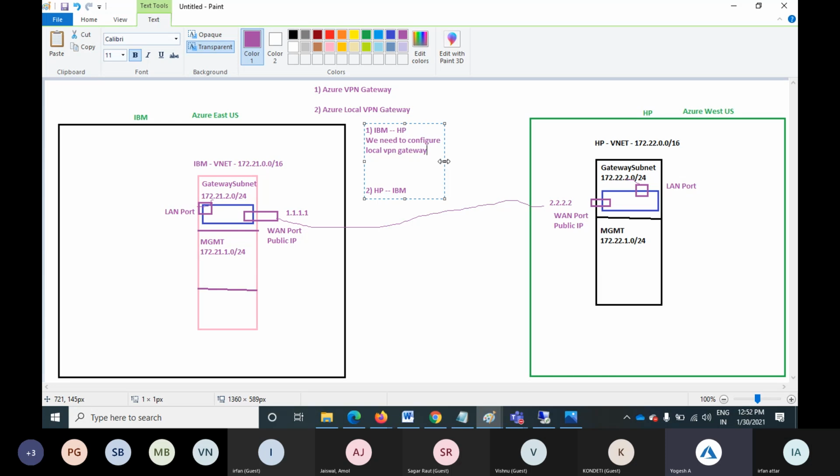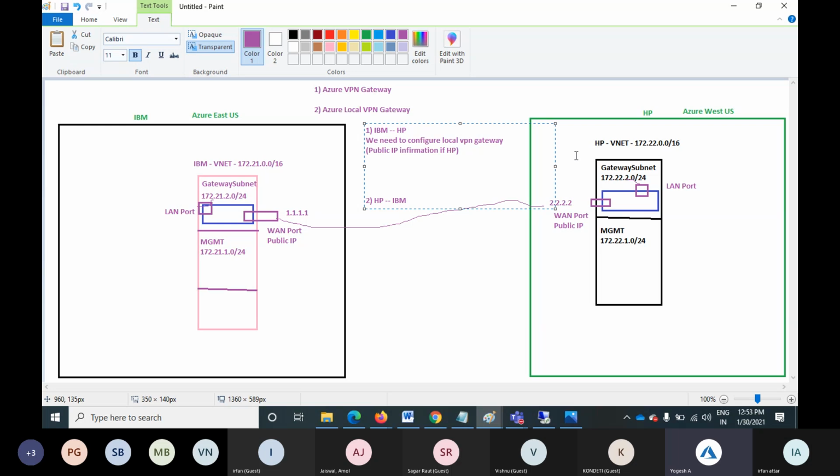Local VPN gateway is nothing but public IP information. So when you create a connection between IBM to HP, as the local VPN gateway we need to configure the IP address of HP. This is the next hop. This is the source, this is the destination, so we need to provide the details of the destination.